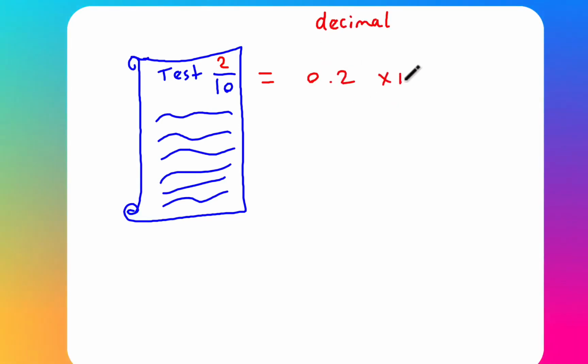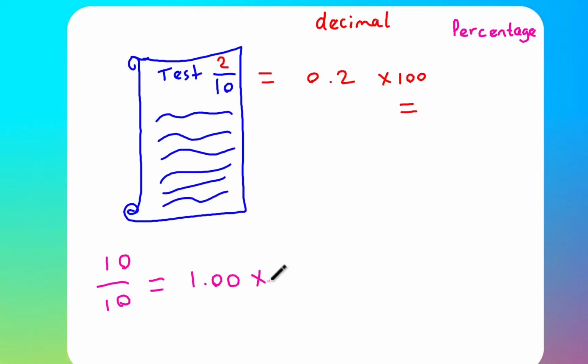If we multiply this by 100, we can get our percentage out of 100%. 10 tenths would have been 1 as a decimal, and if we multiply that by 100, we get 100%. However, in this instance I did not get 100% of the answers right. I only got 20%.